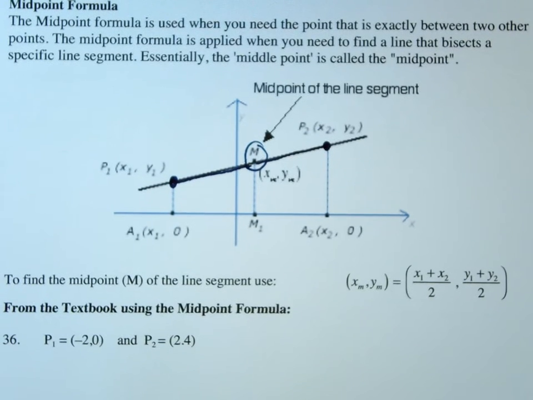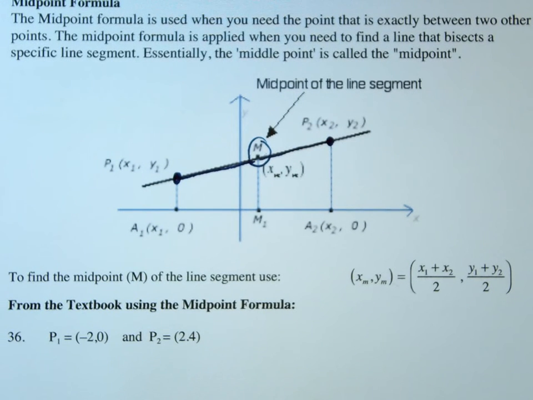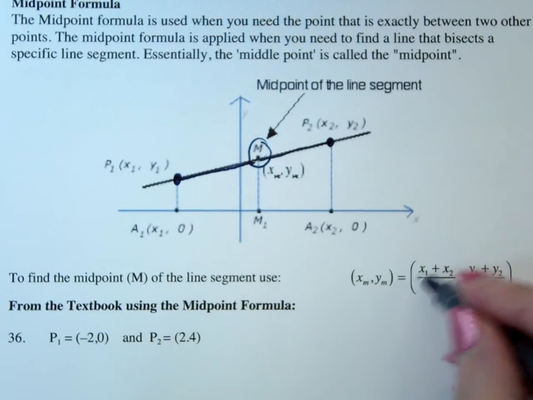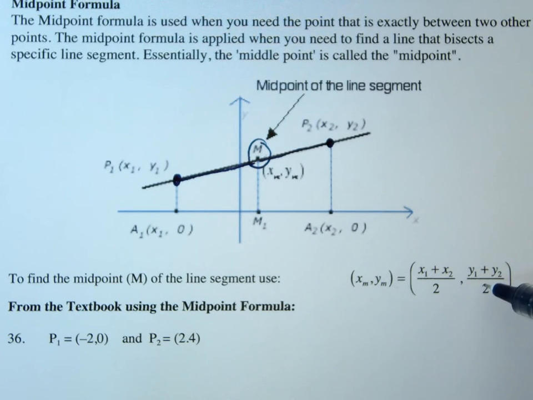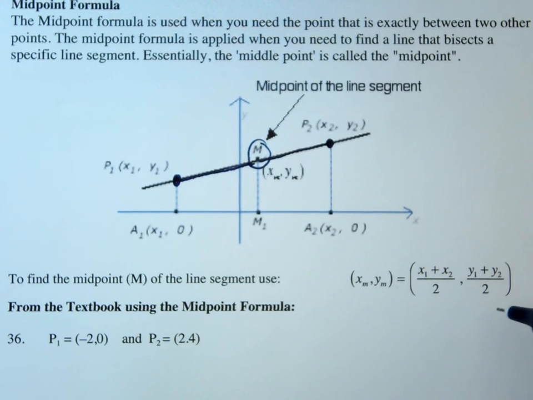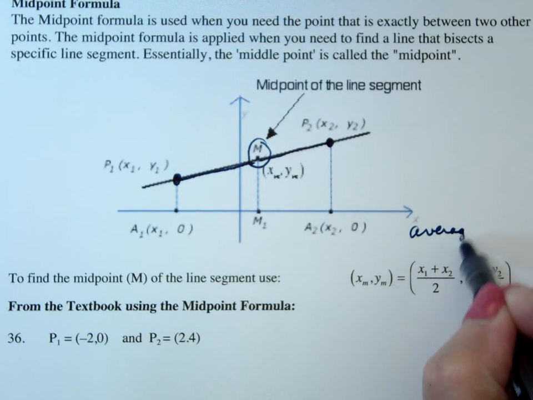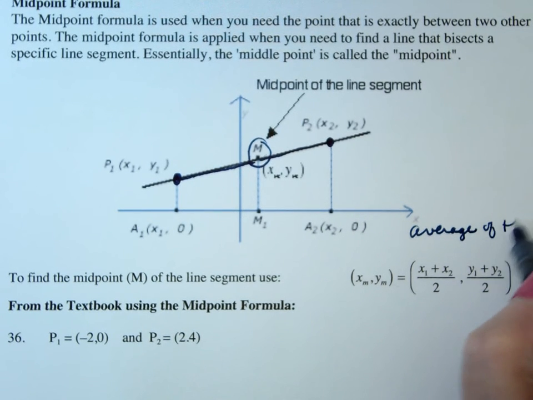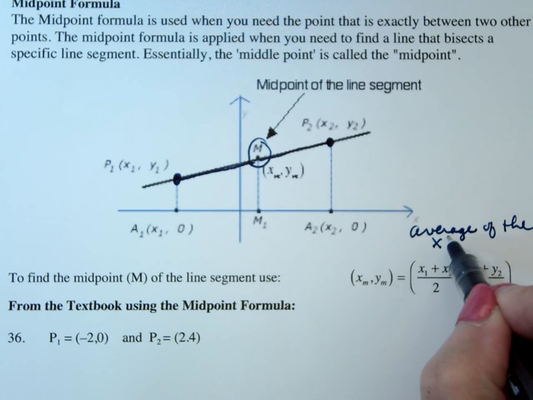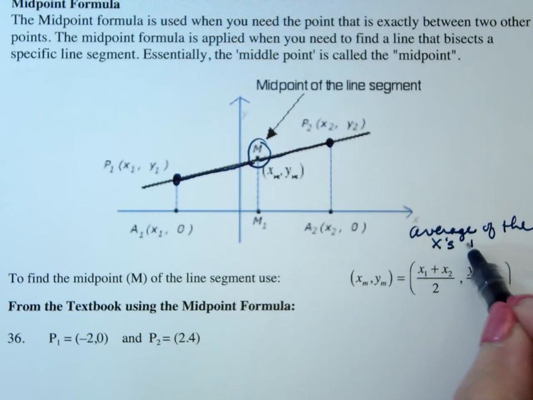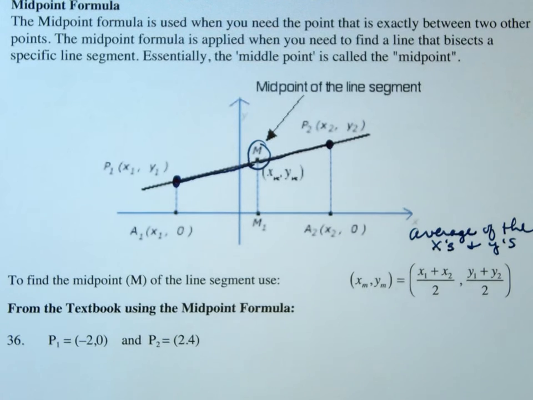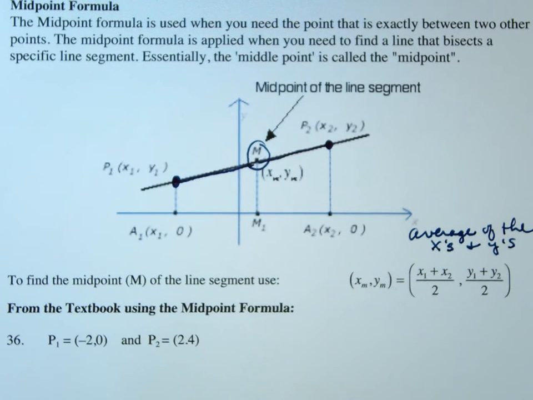It's a fairly easy formula to remember, because all you do is add the x's together divided by 2, and add the y's together divided by 2. I look at this as the average of the x's and the average of the y's.